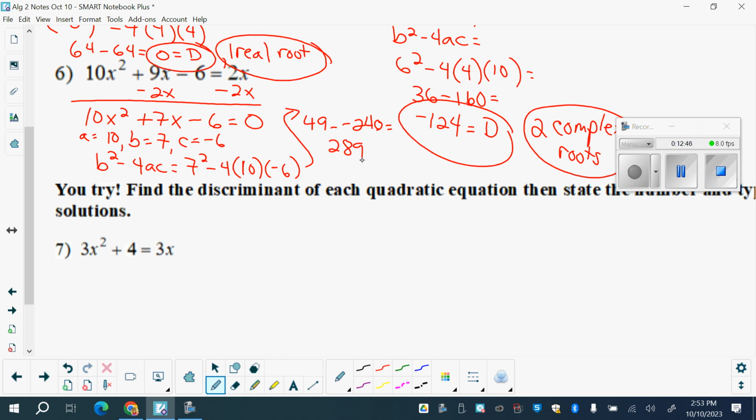So what does that mean in terms of our number and type of solutions? Two real solutions. Because it's positive, it's 2 real roots or solutions. Doesn't matter whichever word you want to use.